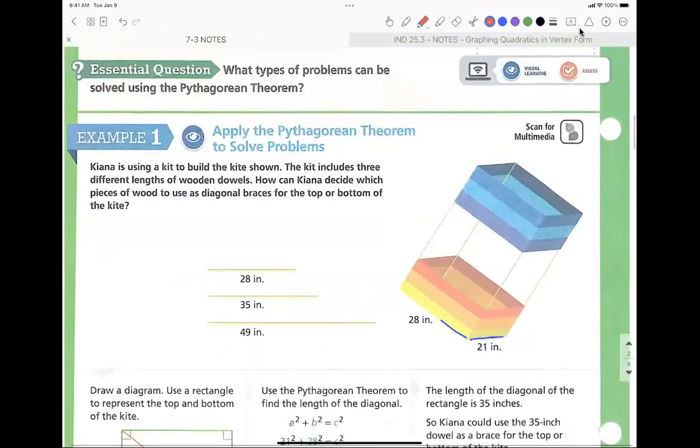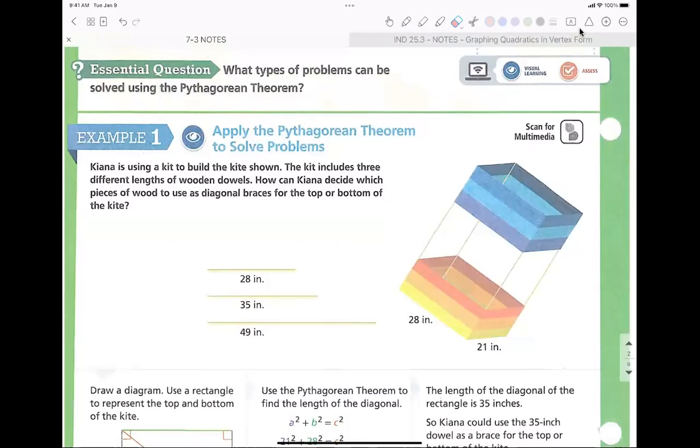This is where I'm going to talk about the way you determine whether or not it's a 2D problem or a 3D problem. It says Kiana is using a kit to build the kite shown. The kit includes 3 different lengths of wooden dowels. How can Kiana decide which piece of wood to use as diagonal braces for the top or the bottom of the kite?